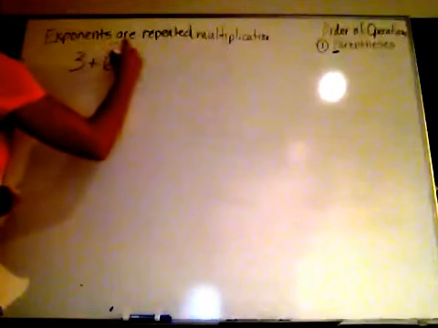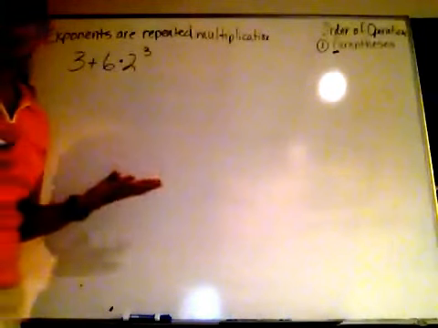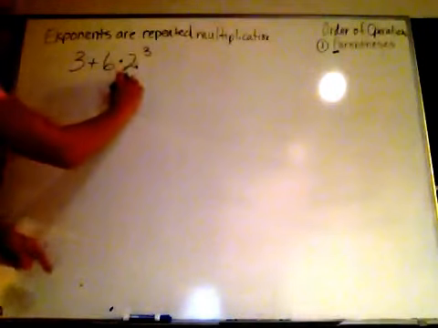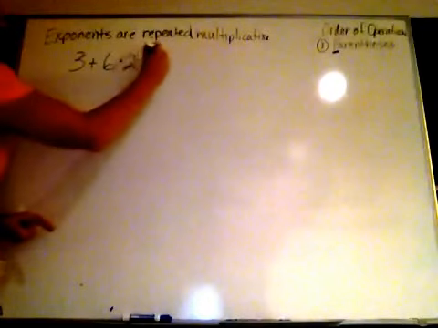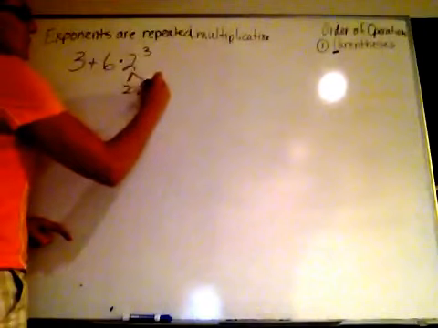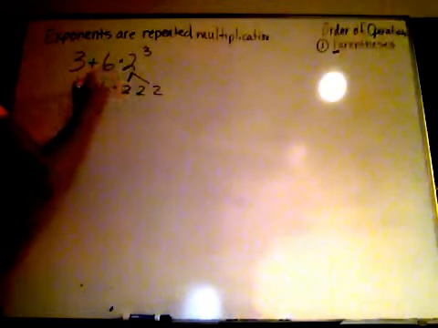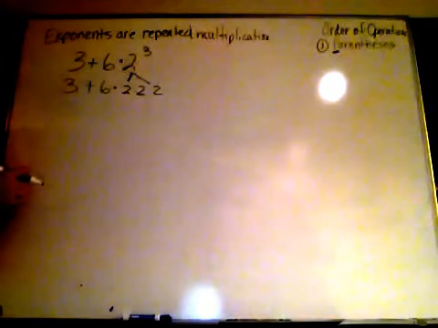So if I do an example, 3 plus 6 times 2 to the third power. Say, okay, well, what do we do first here? Well, we're going to have to do the 2 to the third because that means 2 times 2 times 2. So it's going to be 6 times 2 times 2 times 2, and then we'll add the 3.